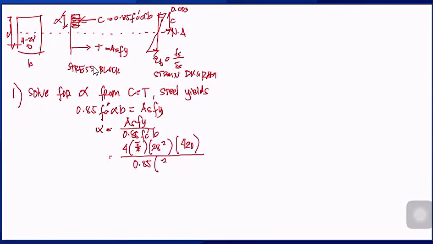Tama ba? Hindi. May isang problem ito. 420, 27. This is 27. And the value of B, 375. Kindly compute.